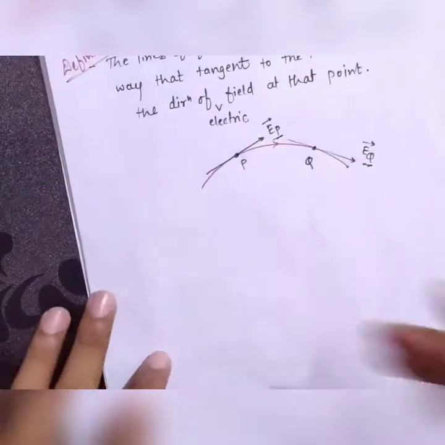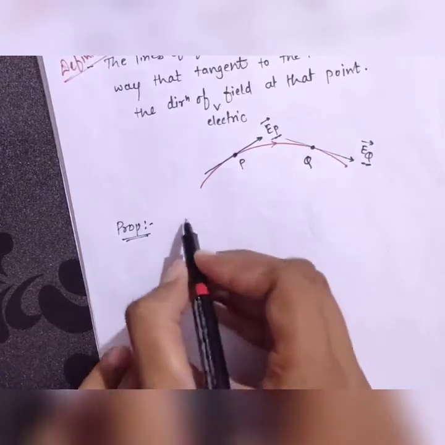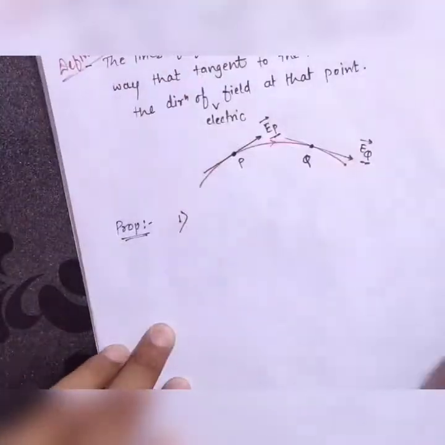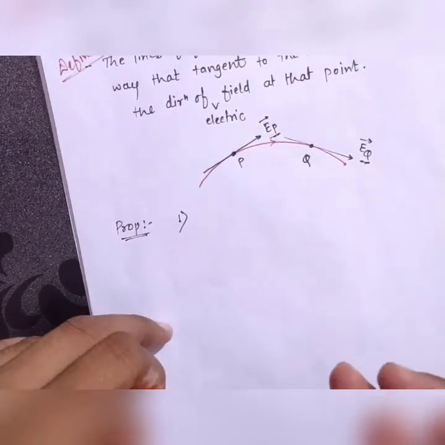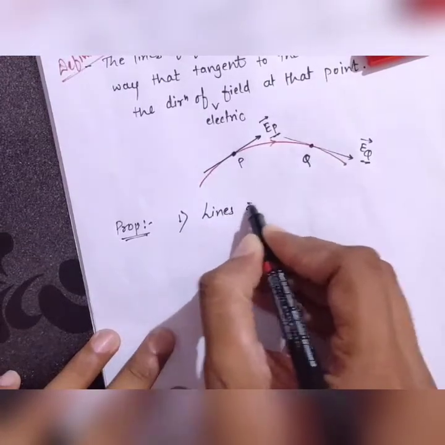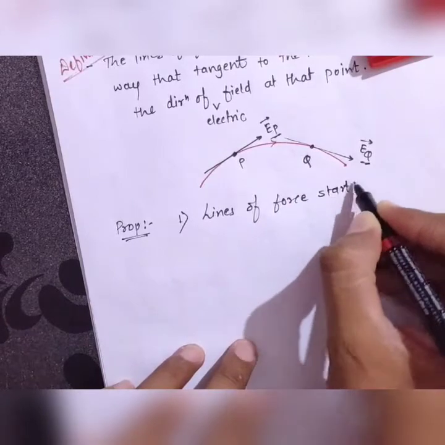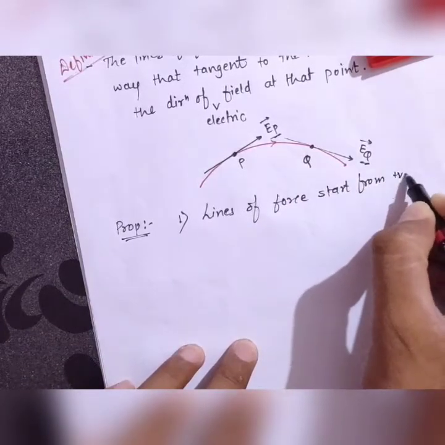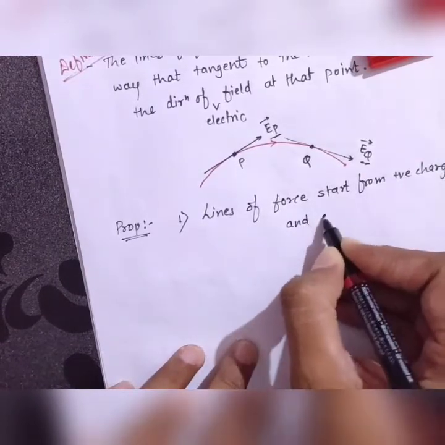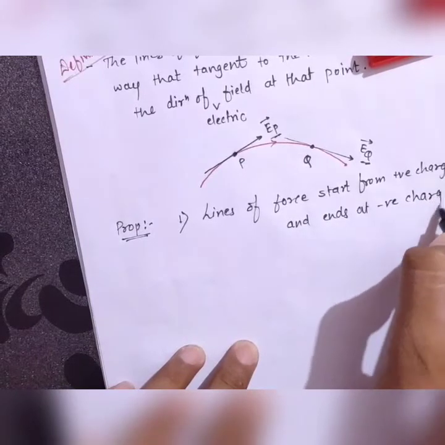Let's talk about some important properties of electric field lines. The first very important property is that the lines of force, or electric field lines, start from a positive charge and end at a negative charge.